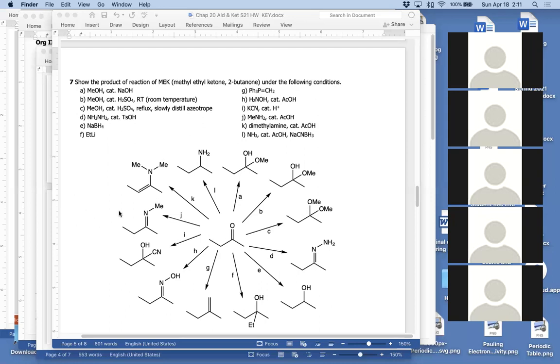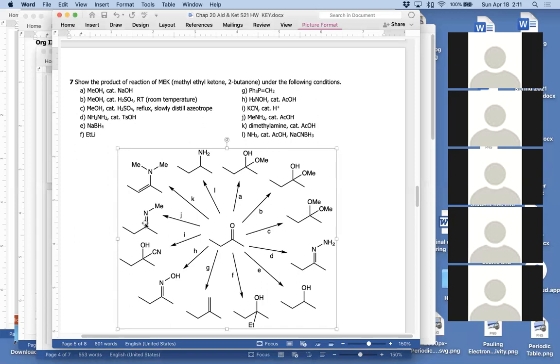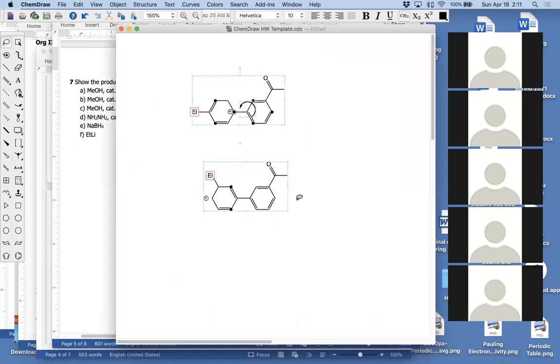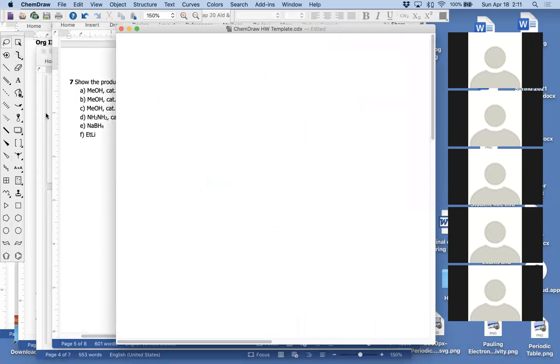But if you protonate the amine, the oxygen can still take away the hydrogen from the amine. Okay, let me bring up ChemDraw here. There it is. My thinking was, if I have a protonated amine, the ketone can still take away the hydrogen from the protonated amine.